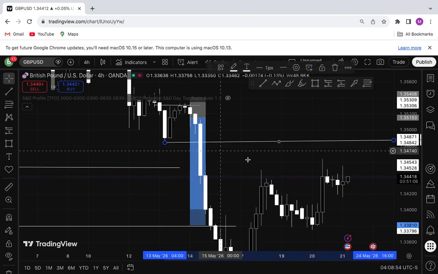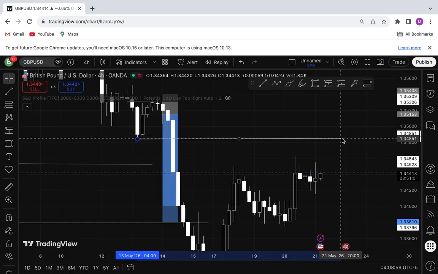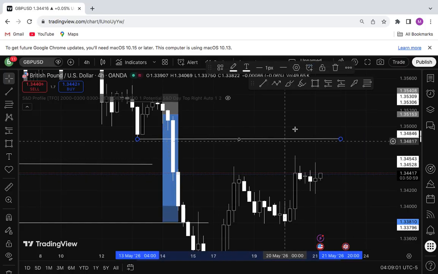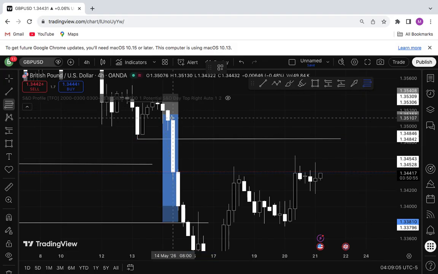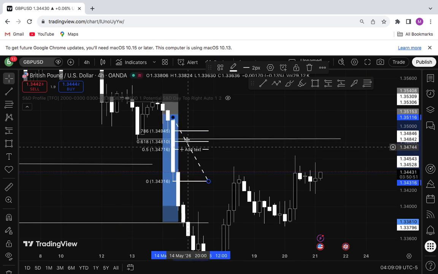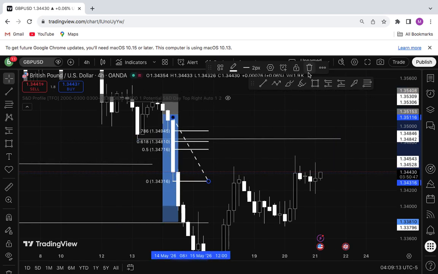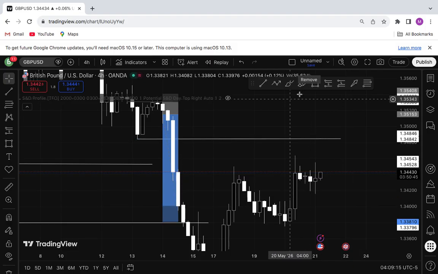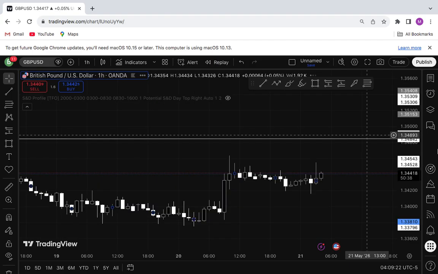So you have this breaker block here, 4-hour fair value gap, and price is reacting on the 50% of this fair value gap. If you even want to look at this fair value gap, you take from high to low, 50%, 61% optimum key level, or premium and discount level.